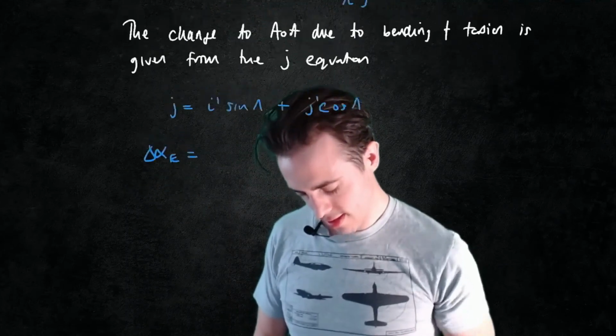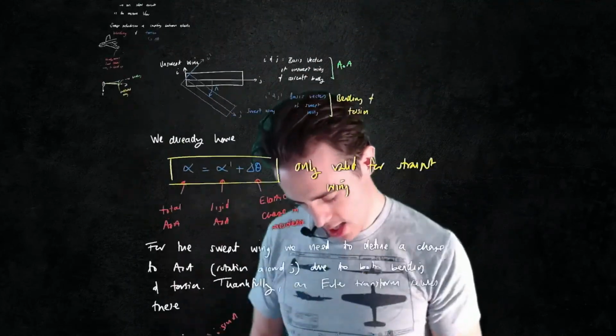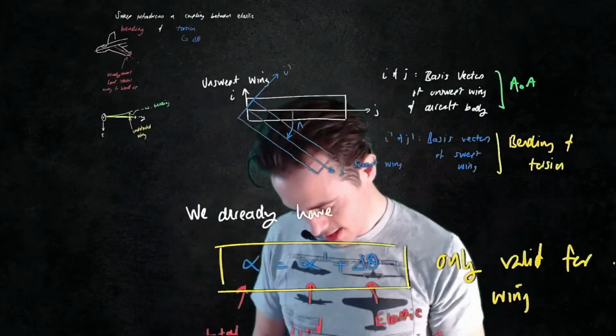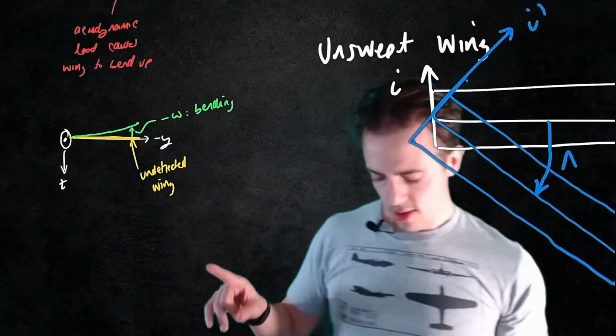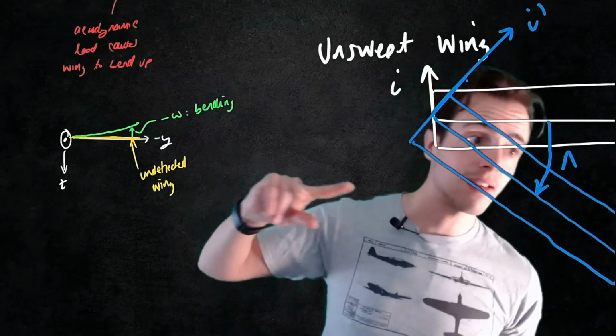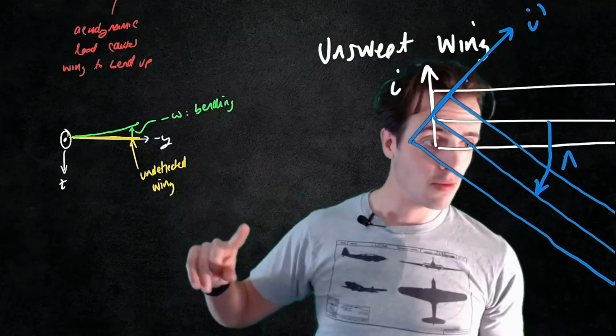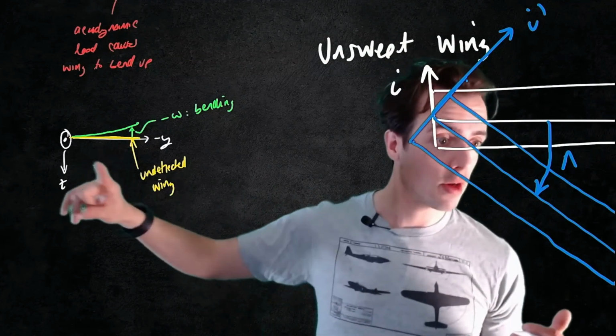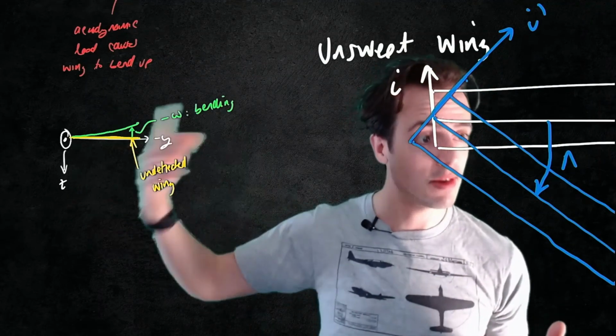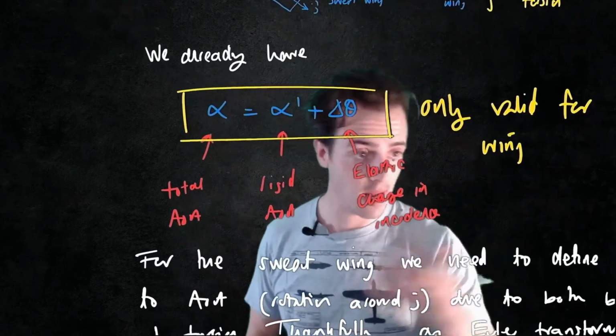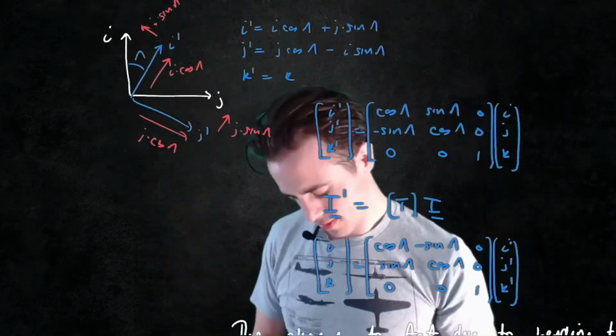So let's just go back up here, where I've drawn it. I've drawn my bending somewhere. Okay, so if I've got a wing that bends down, that gives me positive i prime, but because I've got a wing that goes upwards, that gives me a negative i prime in this sense, because bending is defined positive up.